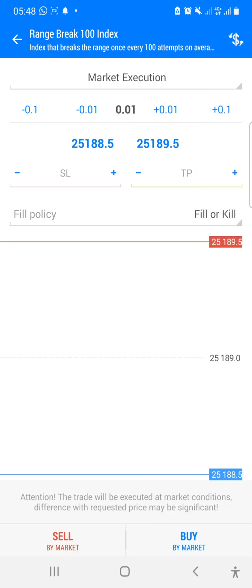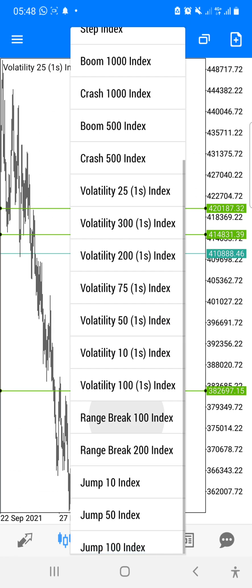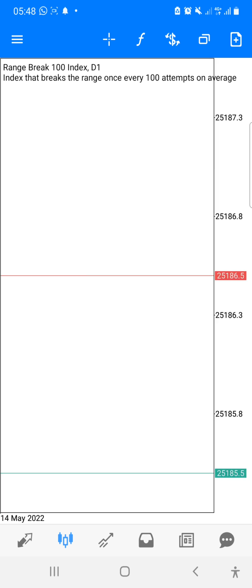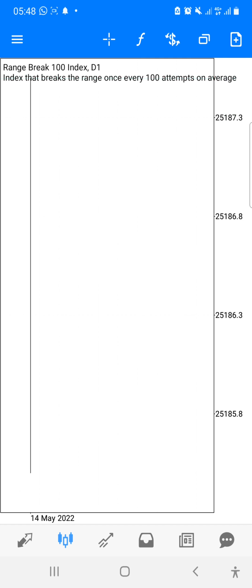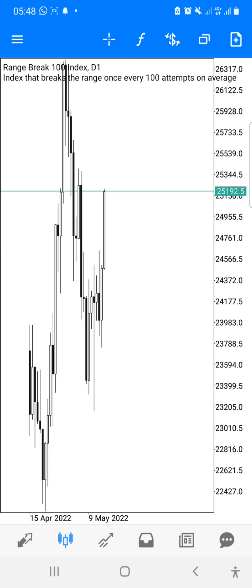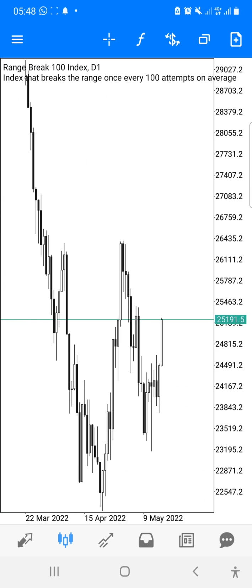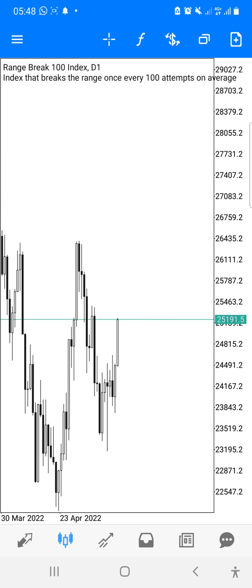Range break. Let me go to the charts. The same thing is applicable to the charts. You get your entry, your SL amount, divide it by 10 to get your pips.